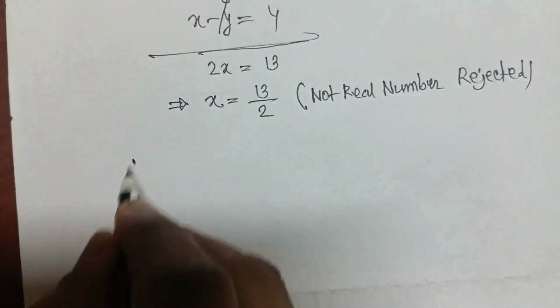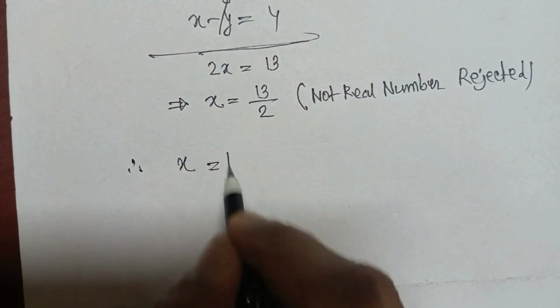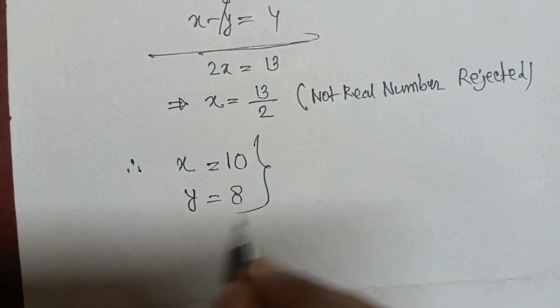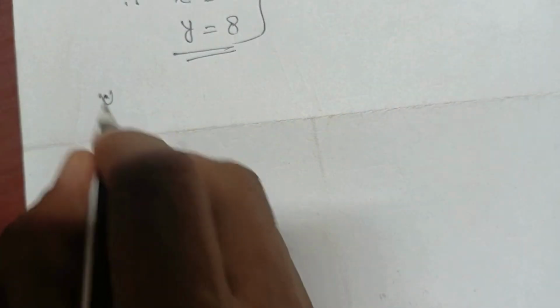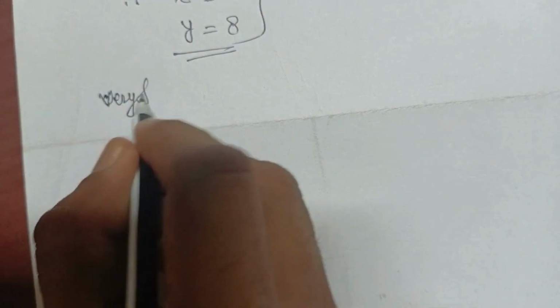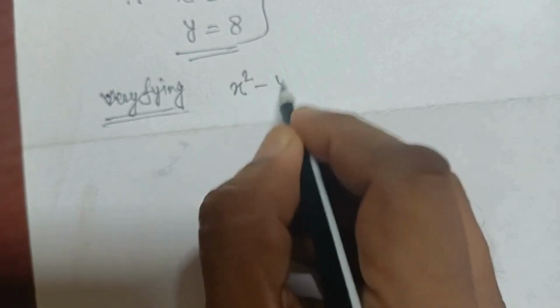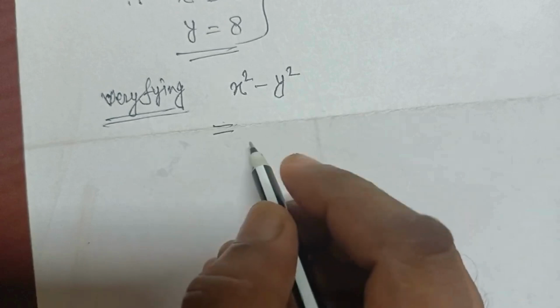So we get only the value of x is equal to 10 and y is equal to 8. So these are the two real numbers we get as the solution of x and y. Now let's verify. We have the equation x square minus y square is equal to 36, so we are going to prove this.